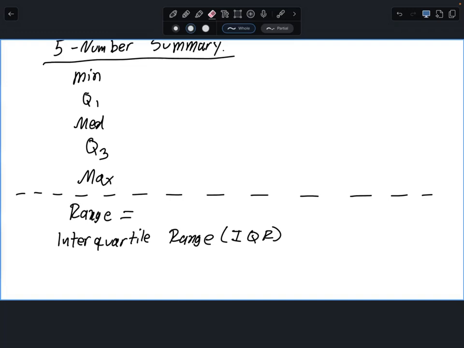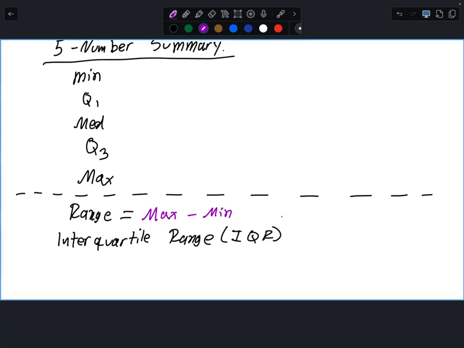In your prior math classes, you might have said the range was something like from 5 to 10, but the range is not an interval. In statistics, the range is a number, and it's as simple as the max minus the minimum.